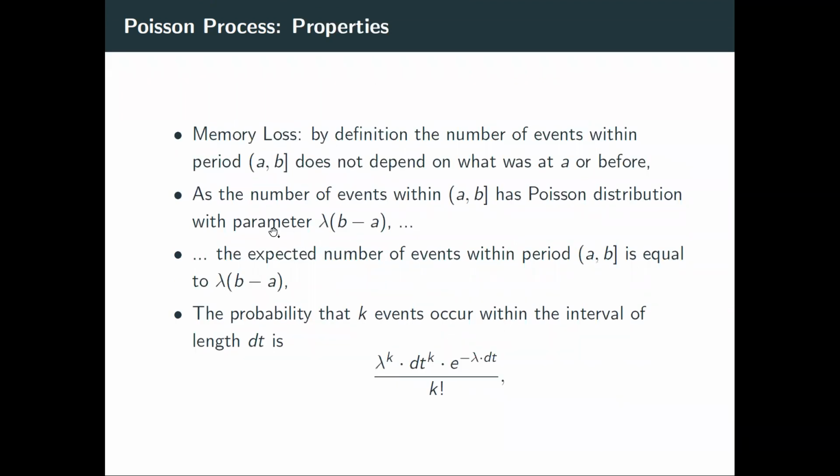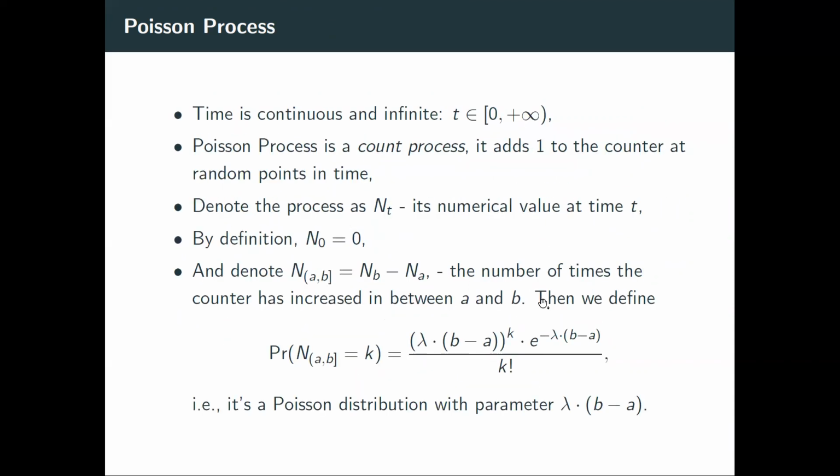Second, the number of events within this time period from A to B has this probability function, which is a Poisson probability, with parameter lambda times (B minus A).